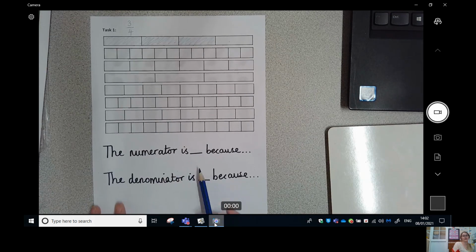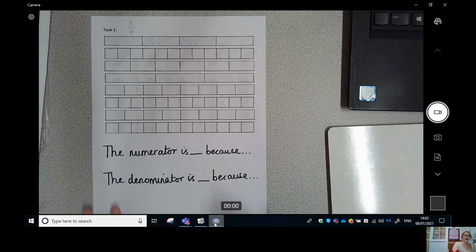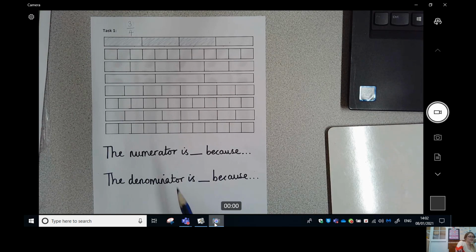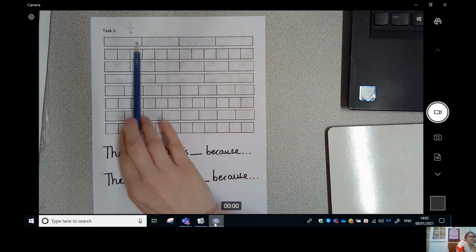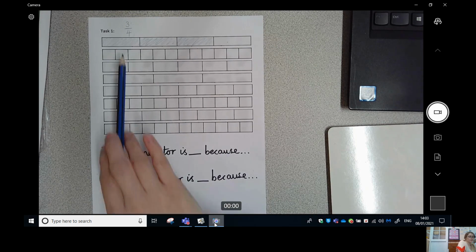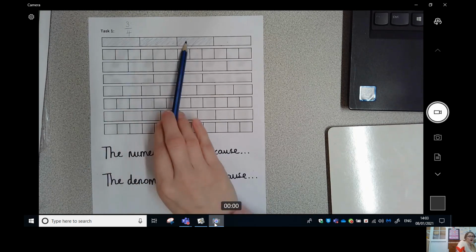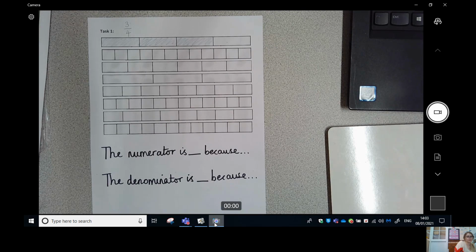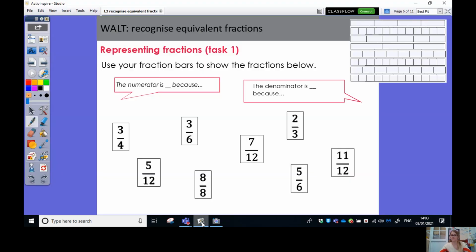So we should be saying these either out loud to yourself in your head, or if you've got an adult at home to help you, that would be fantastic. So the numerator is 3 because there are 3 parts that are shaded. The denominator is 4 because there are 4 parts in total. Okay, let's just look at one more together.